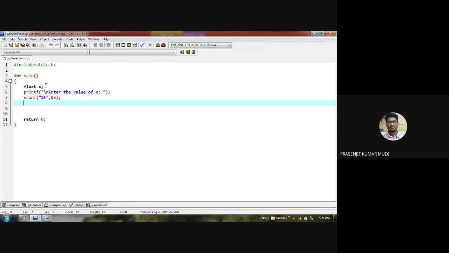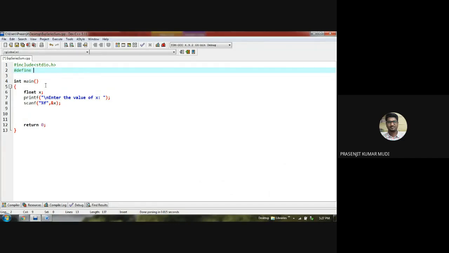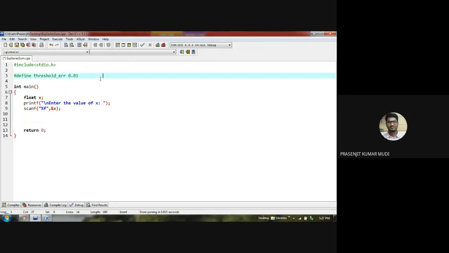Okay, so x is read by the user. Also threshold error. Another important thing which we can do here: #define threshold error 0.01.